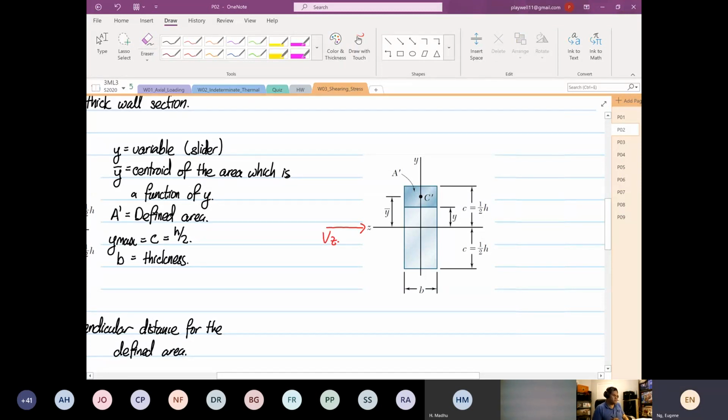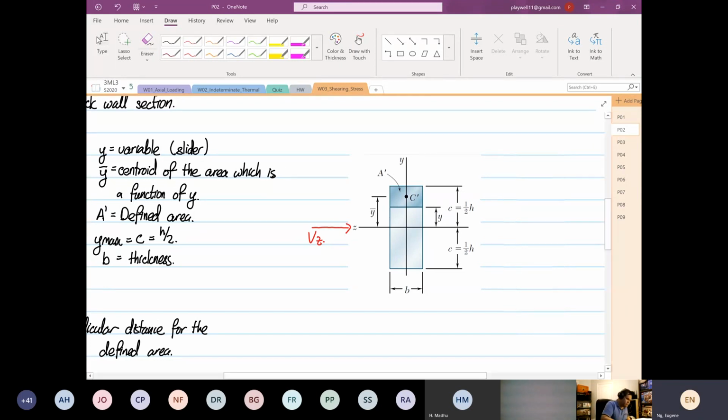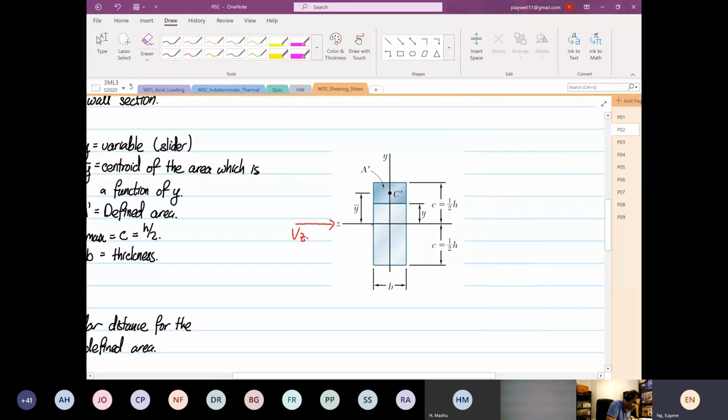So when it's acting in the z direction, it will touch this surface first, and then the area of interest becomes this direction that I'm doing in red now. Then the distance from here to here is my z, and then if this is my centroid, that will be my what? Z bar.